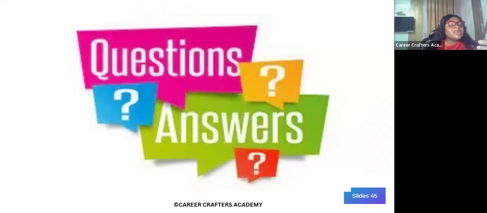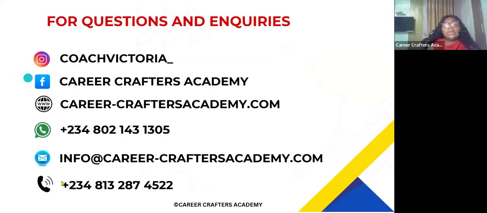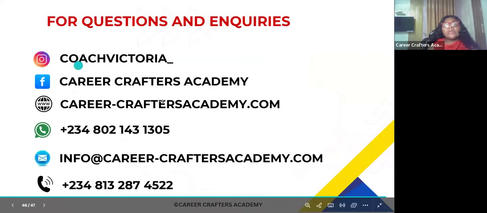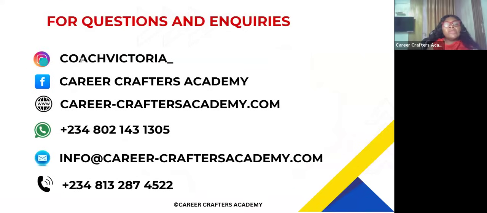How can we get your contact in case we want to register? On any group that you are in, you can chat up any of the admins for questions and inquiries. You can contact us on any of these. On Instagram, my name is Coach Victoria. On Facebook, you can find our school's page, Career Crafters Academy.